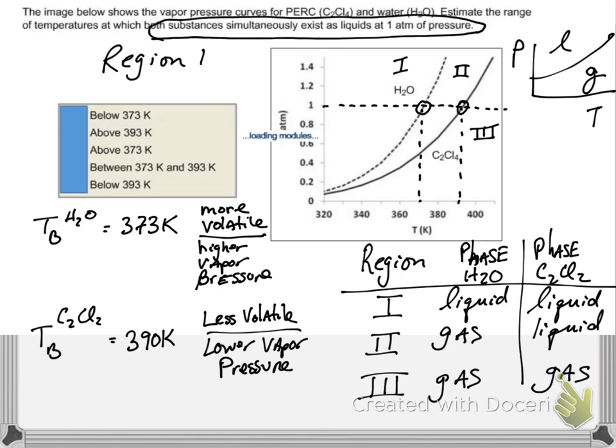Based on the question asked, they're asking about region 1. They want to know in what conditions we would expect both to be liquids at 1 atmosphere. We see that's any temperature below 373. That's where region 1 starts at 1 atmosphere.